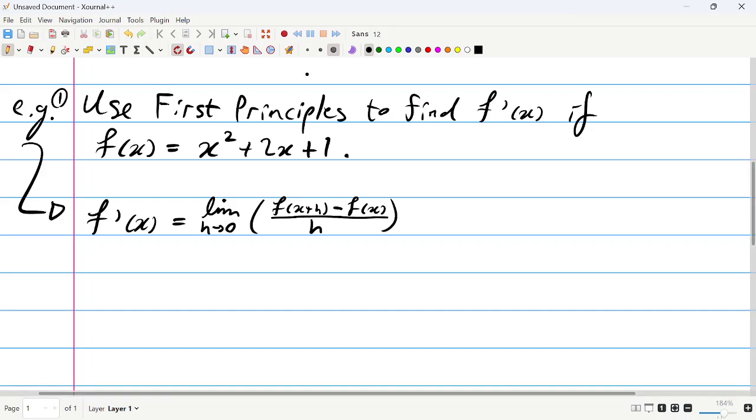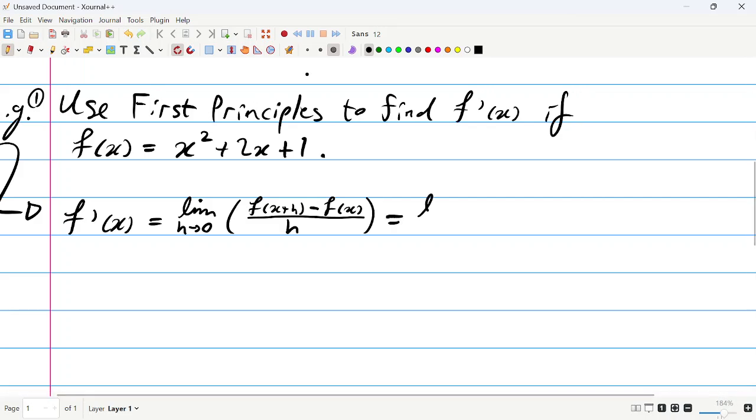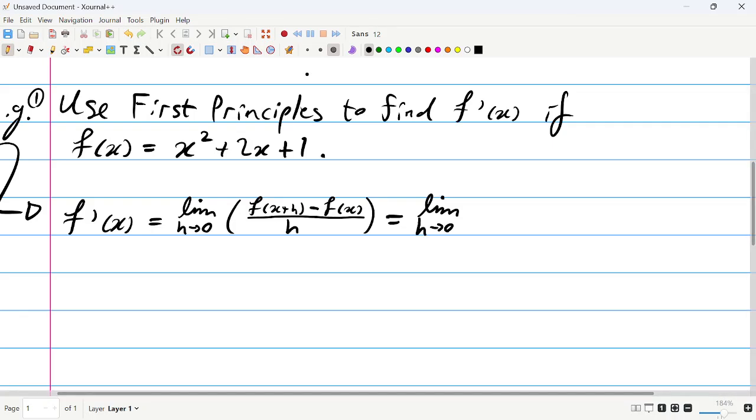Now this is the one thing where I usually write it simpler. Because I don't like working with fractions and it gets all sloppy, the way I write it is the following. I can just write it as this. So still the limit as h approaches 0, but notice that we can take out the h as a 1 over h.